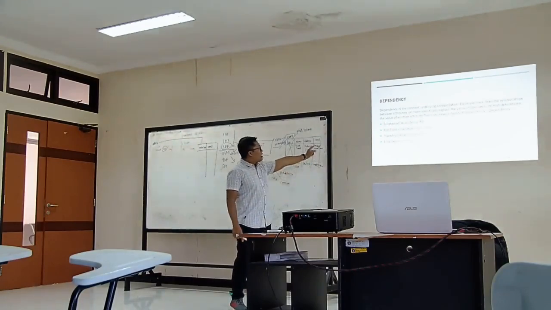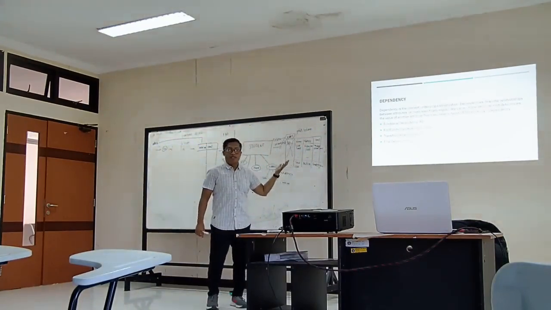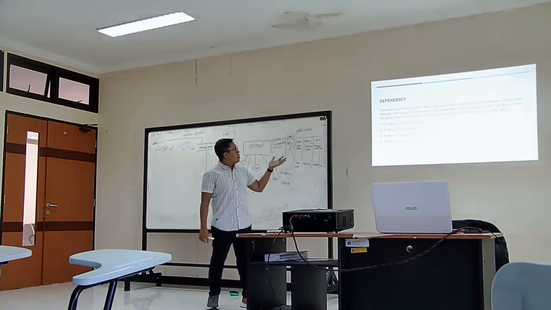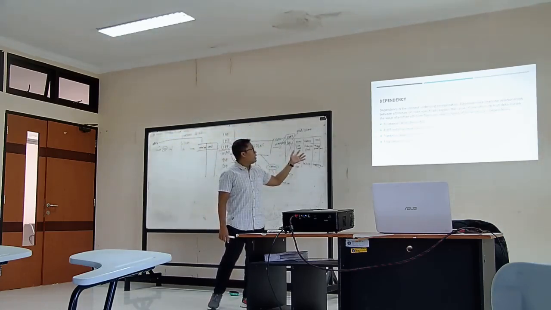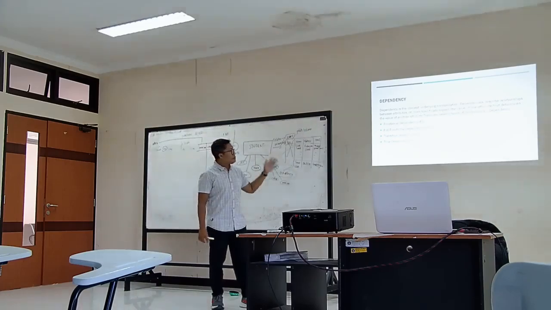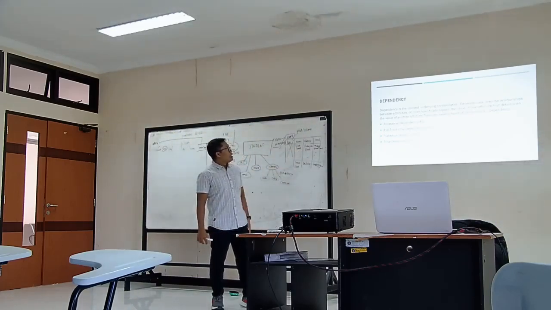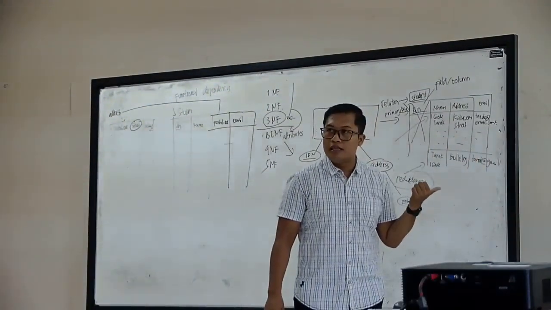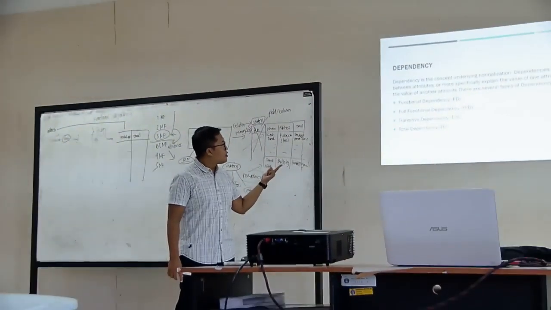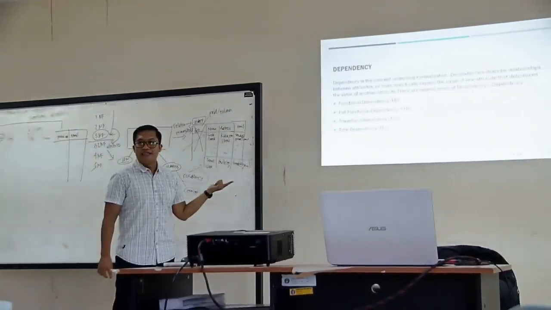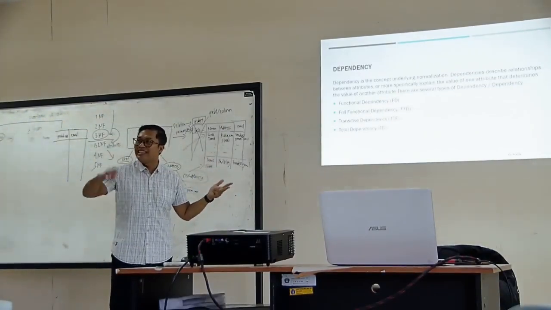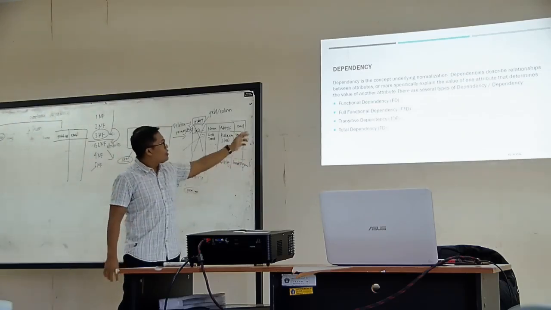Okay. Dependency is a concept underlying normalization. Dependency describes the relationship between attributes, or more specifically, it explains how the value of one attribute determines the value of another attribute. There are several types of dependency. The first one is functional dependency, the second is full functional dependency, and then transitive dependency, which is a different thing.